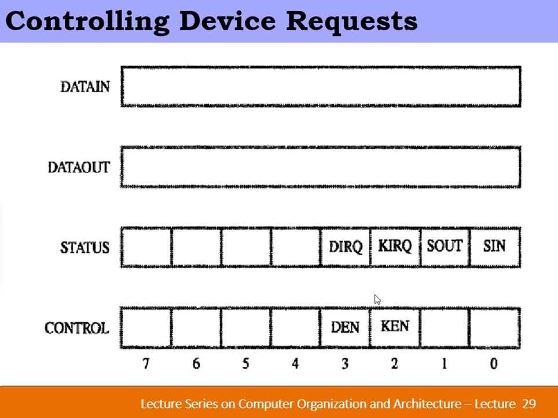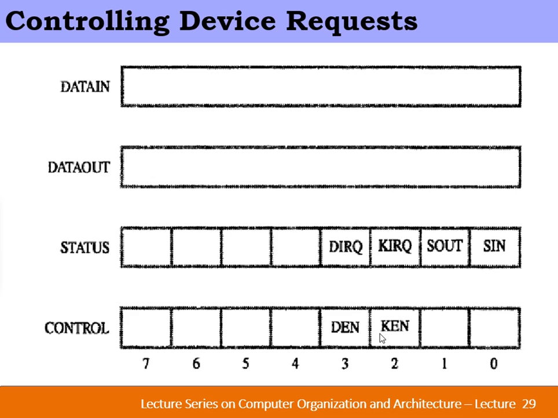We need to concentrate on the KEN bit and DEN bit if in our program we are using the keyboard and display device. If these bits are equal to 1, then those two devices are allowed to generate an interrupt request. Simultaneously we might have many IO devices connected to the processor. Making the enable bit of all those other IO devices 0, they are not going to generate an interrupt request.